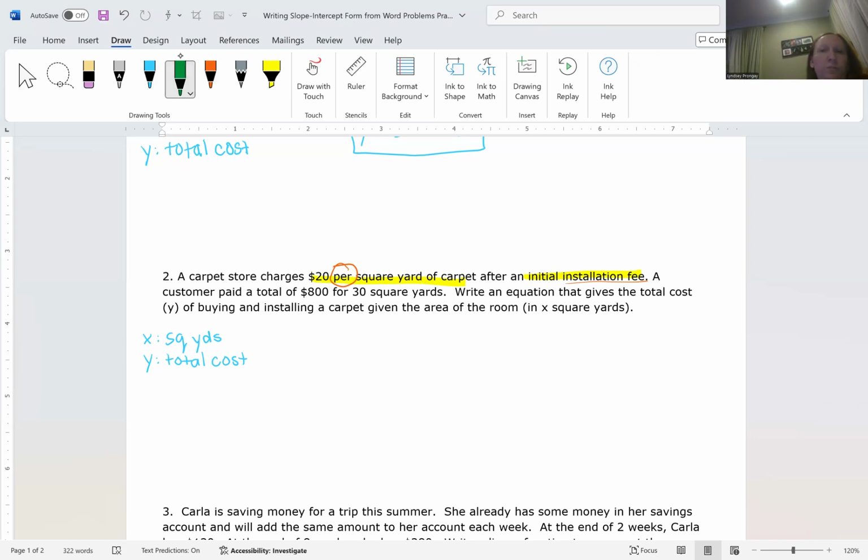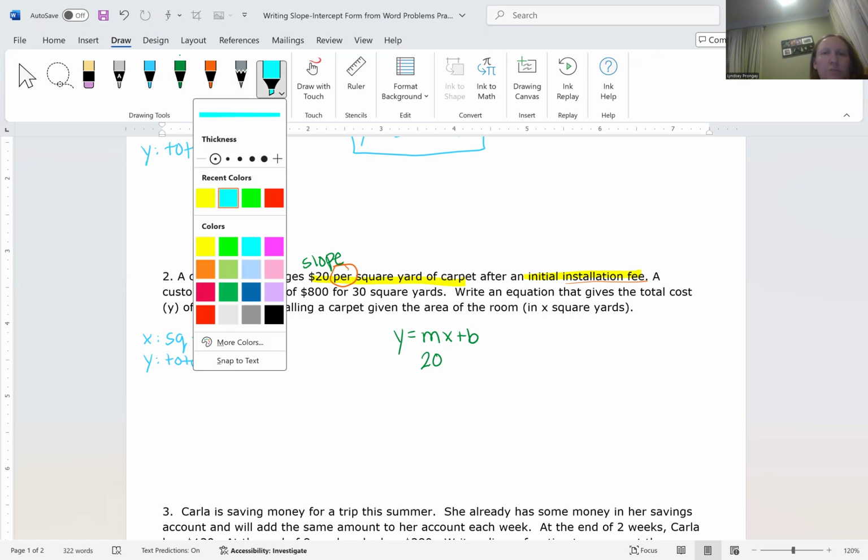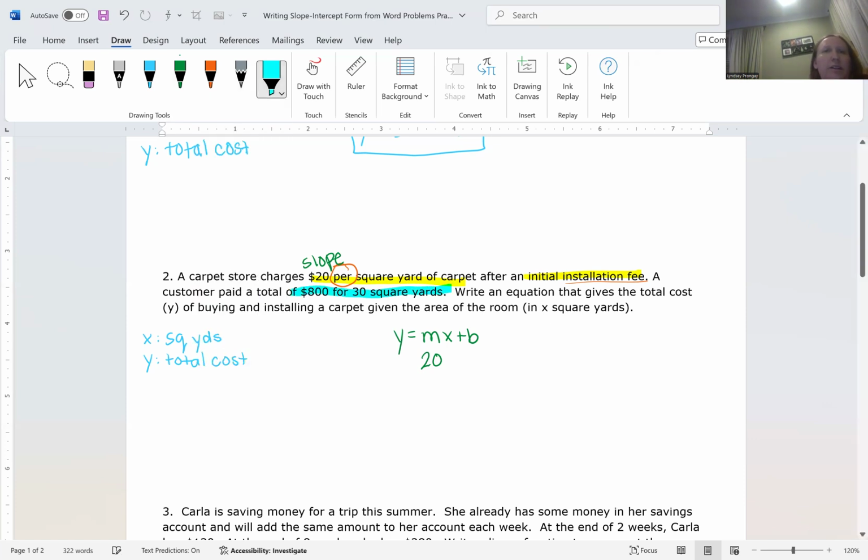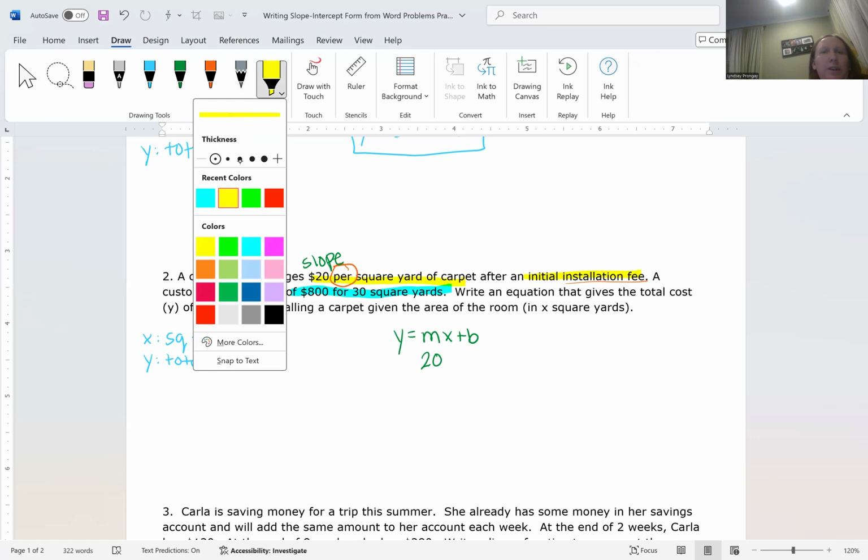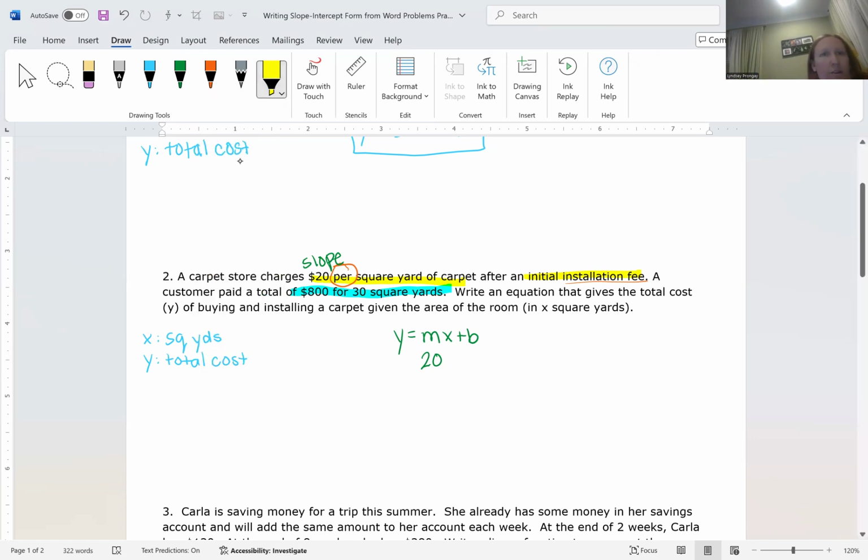So we need to plug things into y equals mx plus b. The m is our slope, so we know that m is going to be 20. But remember, if we're finding a missing b, that means we need an x and a y, and that's going to come from the extra information they gave us. It's like they gave us an ordered pair without actually saying so.